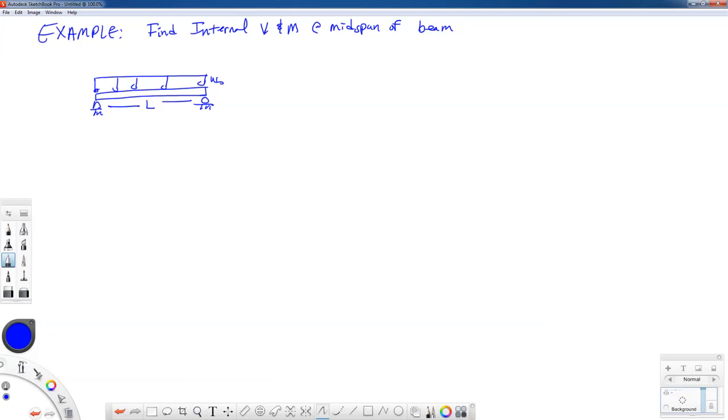Well, the first thing we want to do is find our beam reactions. Now if I look at this beam, I could write down what the reactions are because I know that each support reaction takes half of the applied load. But let's go ahead and do it more formally so that we don't skip through any steps. We're going to draw a free body diagram.